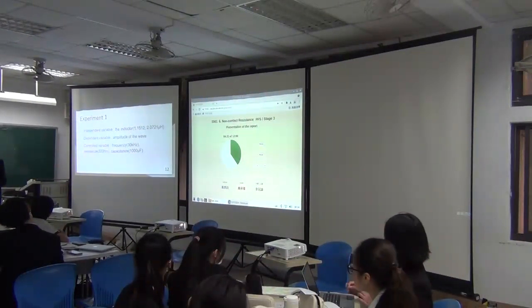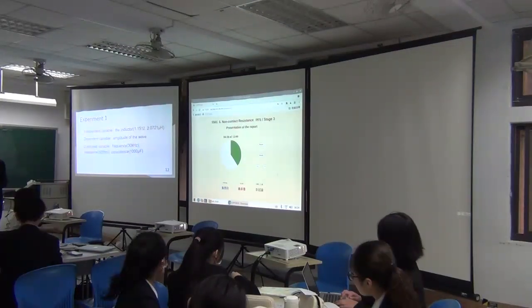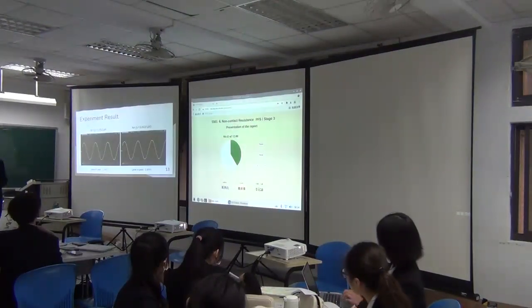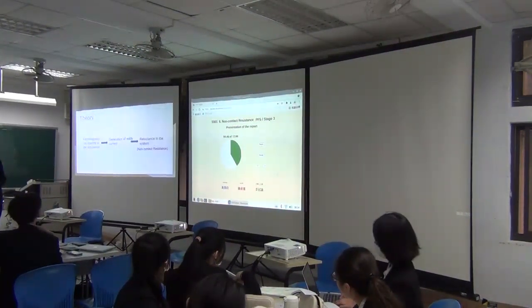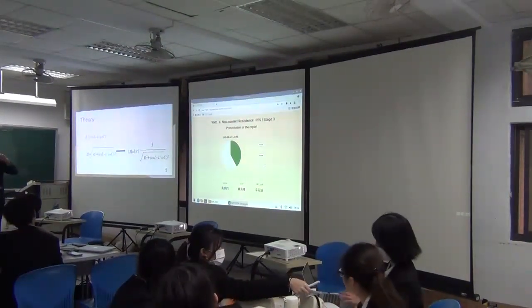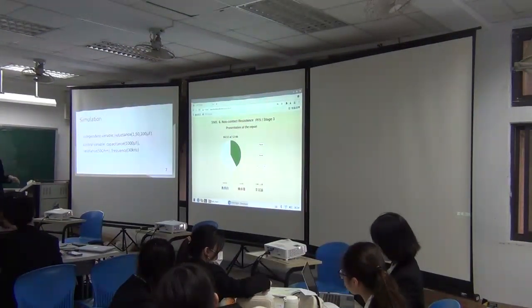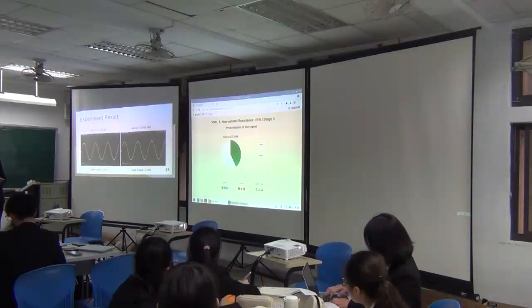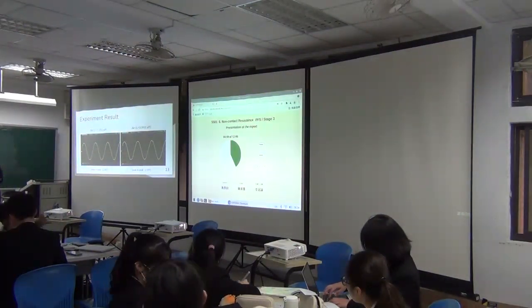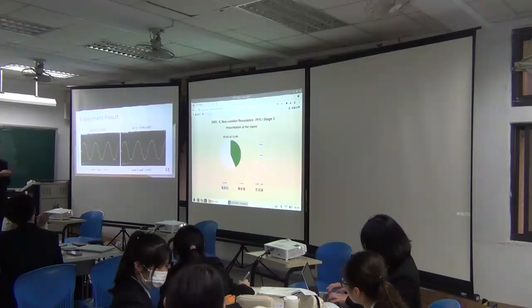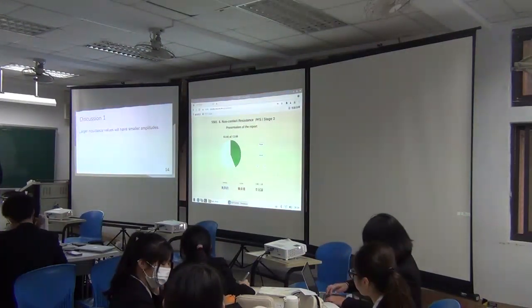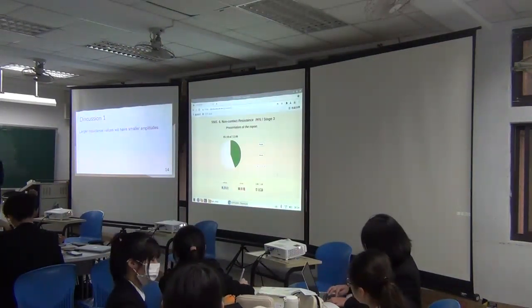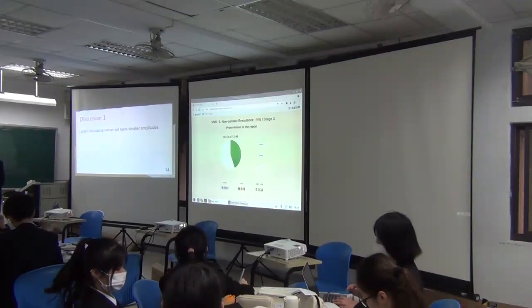The dependent variable is the amplitude of the voltage wave, and the control variables are the frequency, resistance, and capacitance. By the equation here, we can get the value of the inductance. From these two data sets, we can find that larger inductance values give smaller voltage amplitudes, which means the change of the voltage will be smaller.